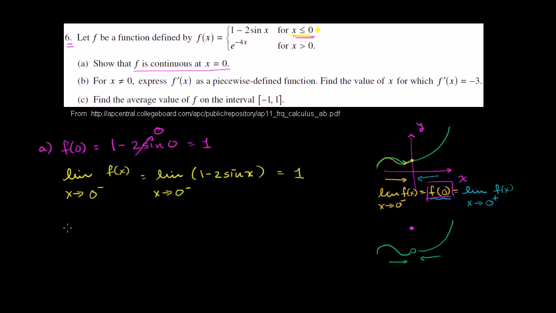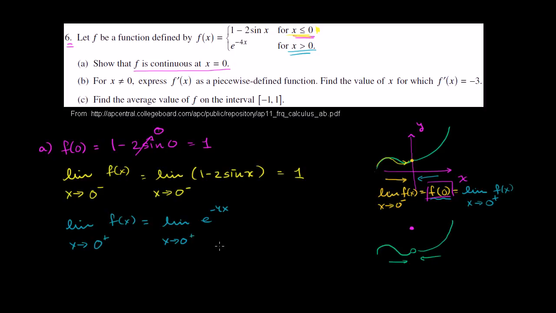Now let's do it as we approach from the right, from values of x greater than 0. So let's think about the limit as we approach 0 from the right of f of x. Here we're dealing with values of x that are larger than 0, so we're dealing with this case right over here. That's going to be the limit as x approaches 0 from the right of e to the negative 4x.